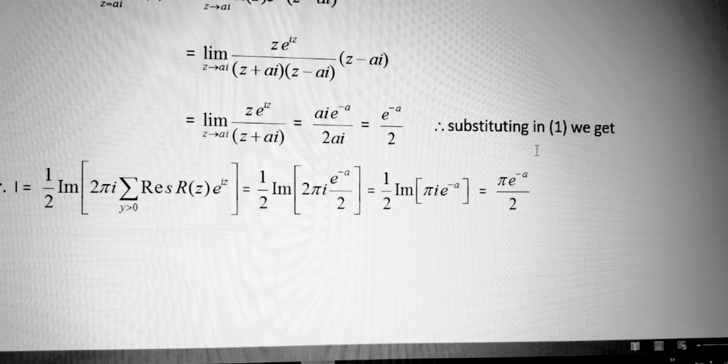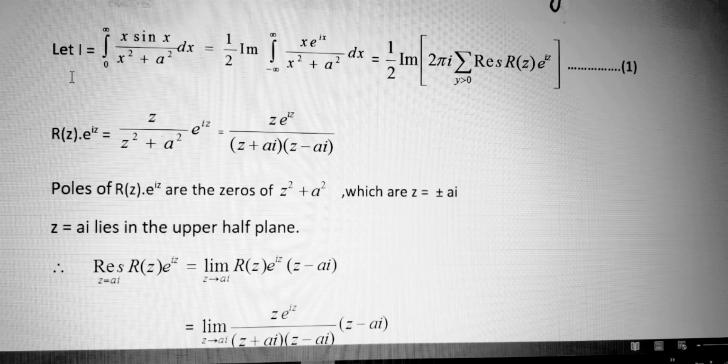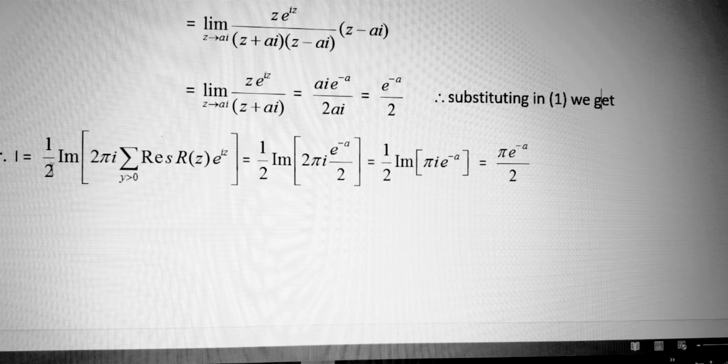Therefore, substituting this in 1, we get I equal to half of imaginary part of 2 pi i into sigma over y greater than 0 residue of r of z into e raised to iz, which is equal to half of imaginary part of 2 pi i into the residue, which is e raised to minus a by 2, substituted here.